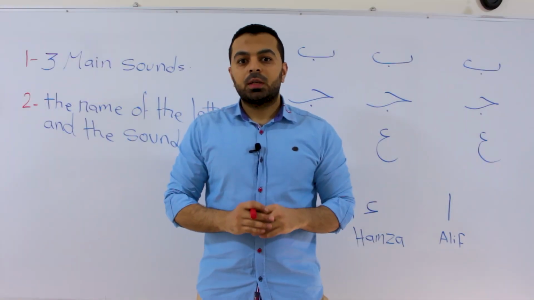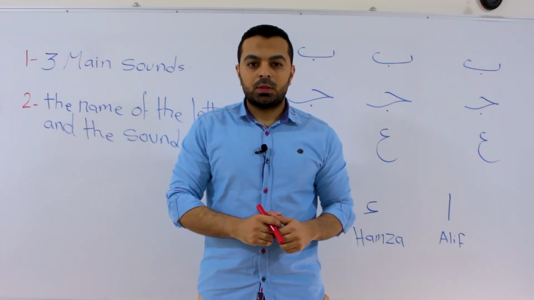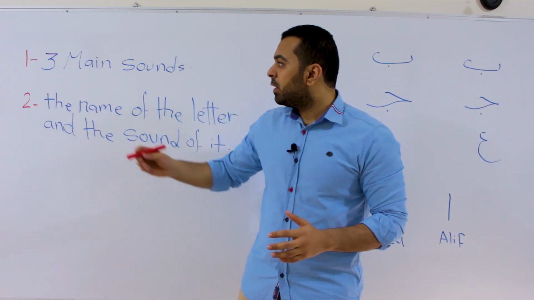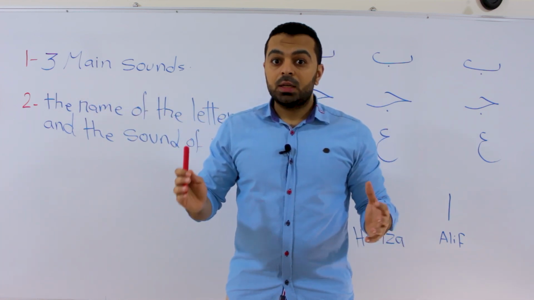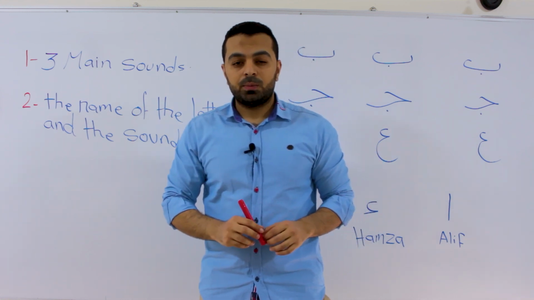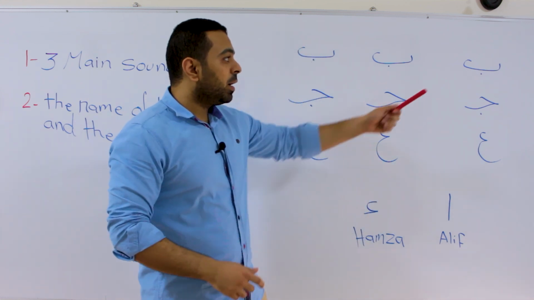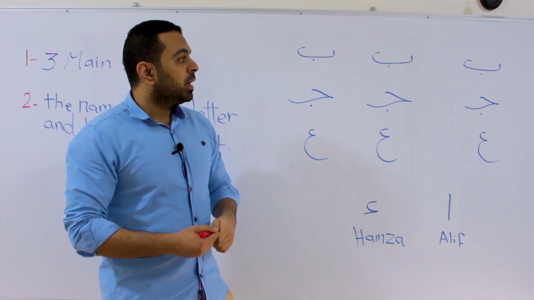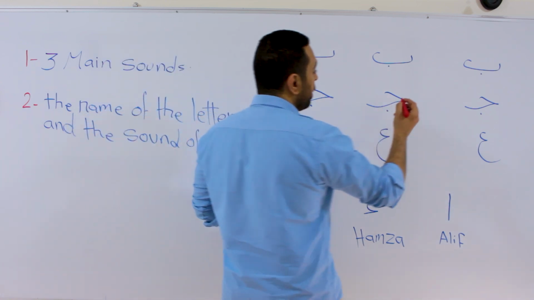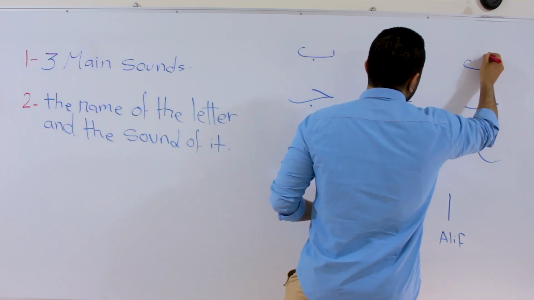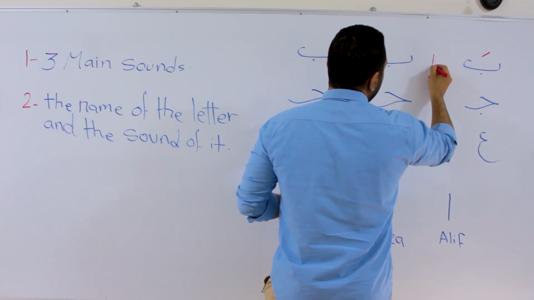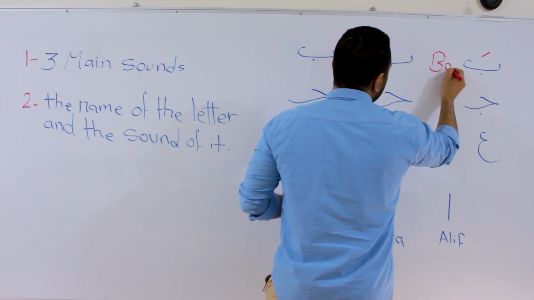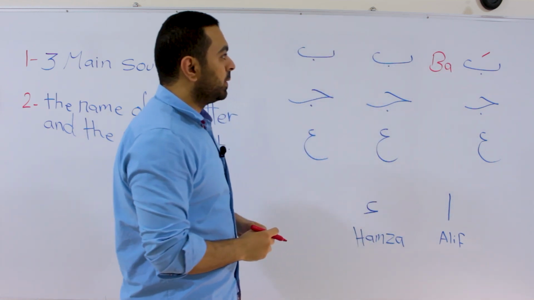All the Arabic letters come in 3 main sounds. Now, the letter Ba, if I put a mark like this at the top, that sound is Ba.